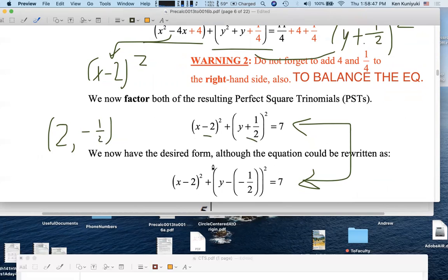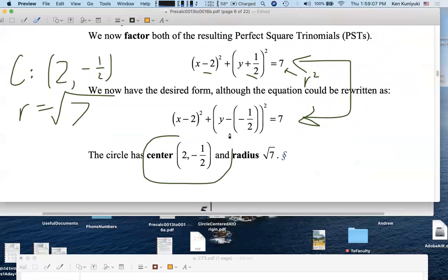So that's the center. I'll label that C. What's the radius? Is the radius 7? No, 7 is r squared. So what's r itself? r is the positive square root of 7.